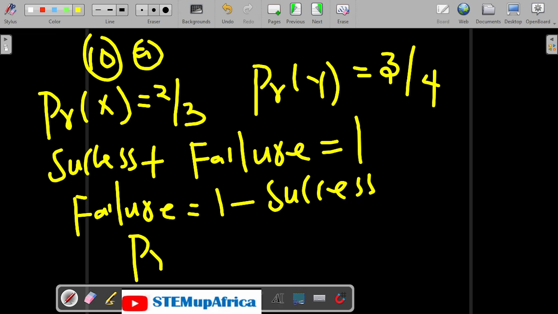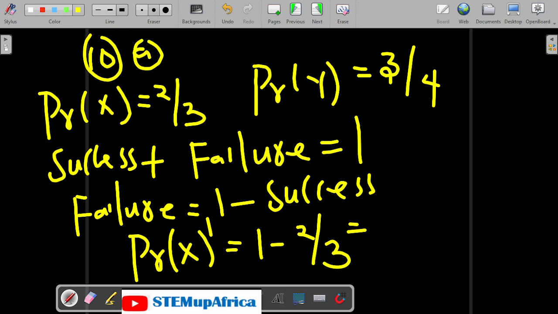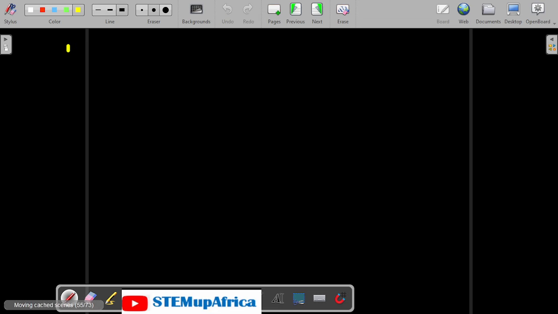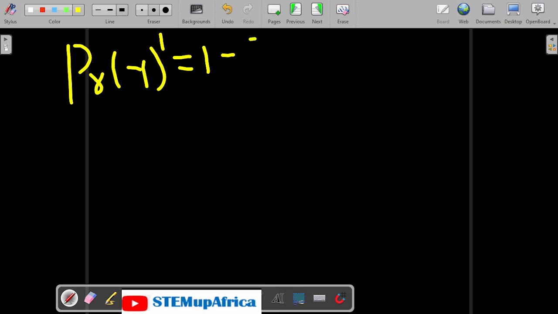The failure of X, X prime, is 1 minus 2/3, that will give us 1/3. Then the probability that Y fails to qualify is 1 minus 3/4, that will give us 1/4.